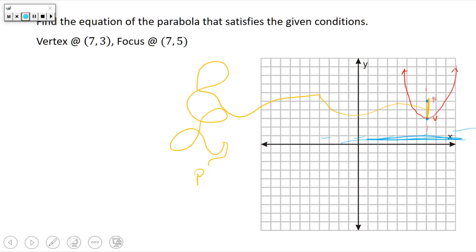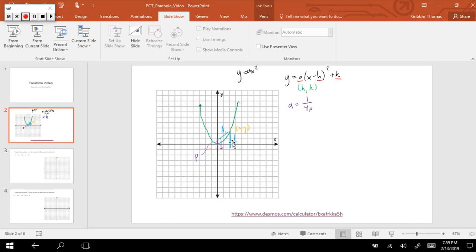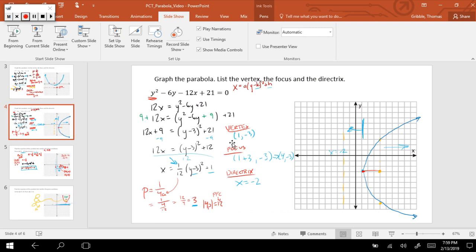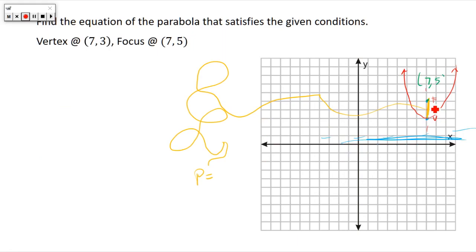Okay, and p is going to equal, in this case, we had the coordinates of the focus, 7, 5, and we had the coordinates of the vertex, which was 7, 3.